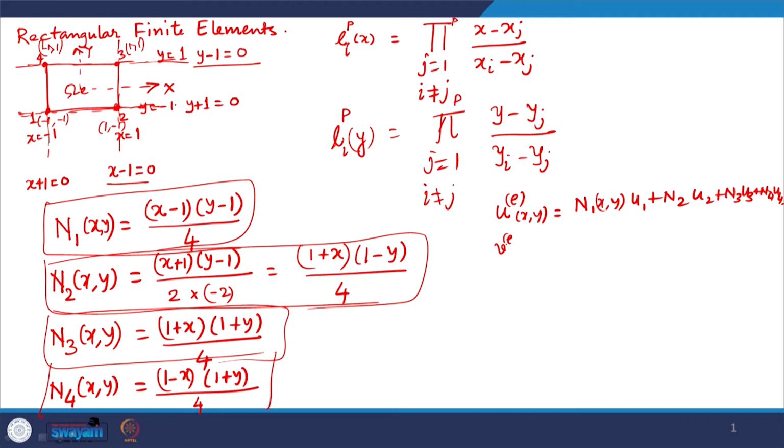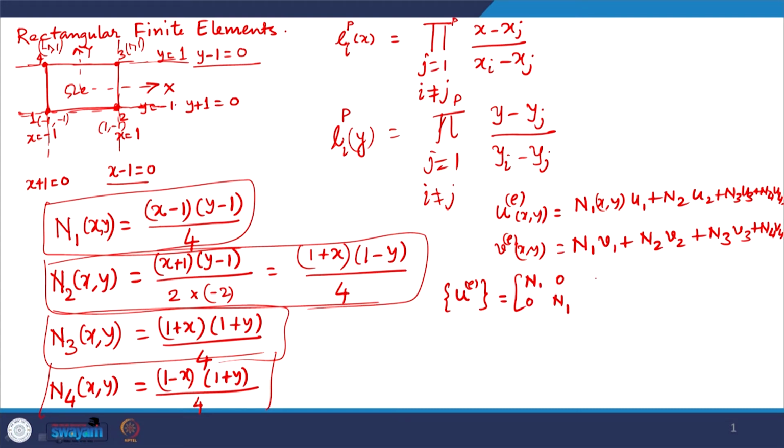And similarly, the displacement in y direction v is given by N1 v1 plus N2 v2 plus N3 v3 plus N4 v4. So, collectively I can refer to this as the matrix N1 0 0 N1, then N2 0 0 N2. I am collecting all the terms, both of these equations, writing them in the same expression.